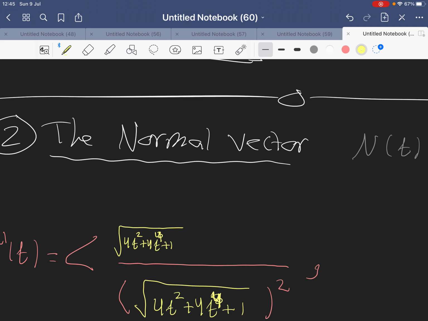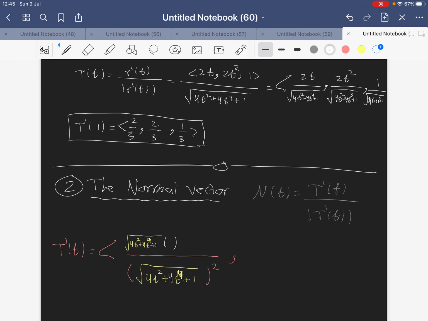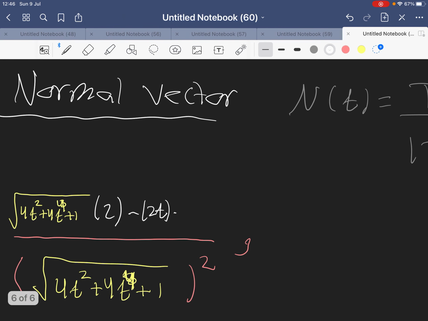And then you need to multiply by the derivative of the numerator. What's the derivative of 2t? It will be just 2. And then minus, keep the numerator and multiply it by the derivative of the denominator. What is the derivative of a square root? This is something we have already done in calculus.